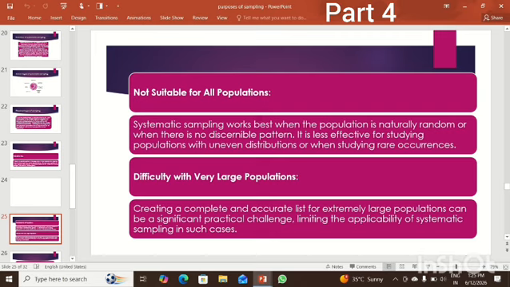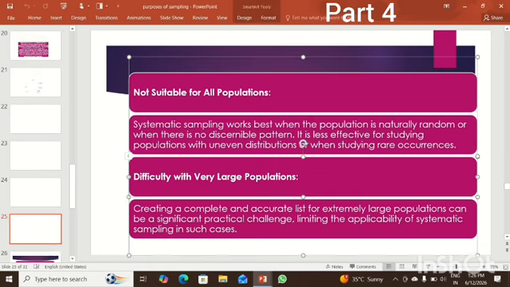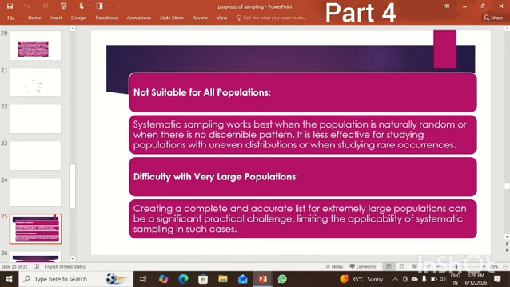Not suitable for all populations. Not every method is suitable for every kind of population. It requires a detailed judgment and detailed analysis through which we can analyze which method will be suitable for a population or for selecting the particular sample. For example, systematic sampling works best when the population is naturally random, or when there is no discernible pattern.